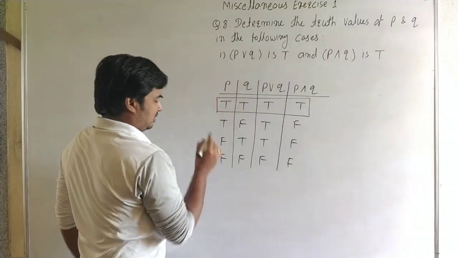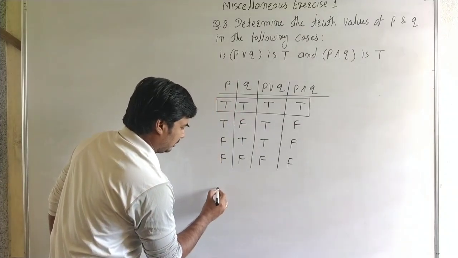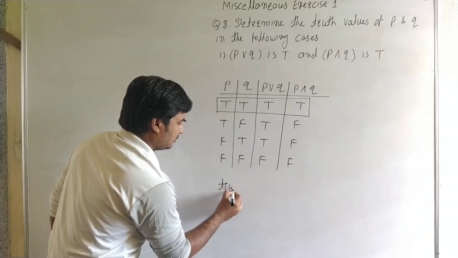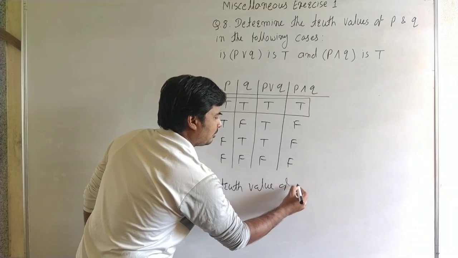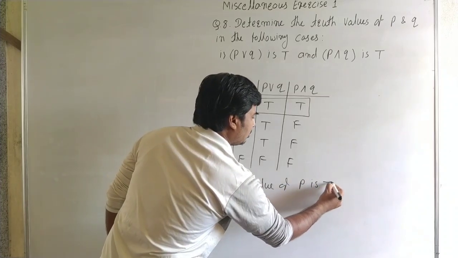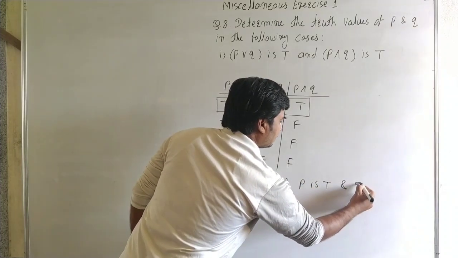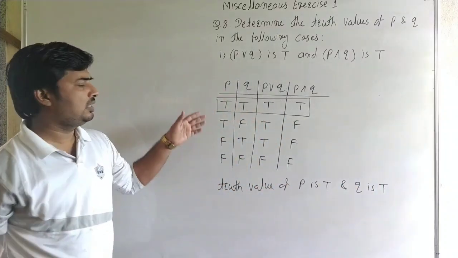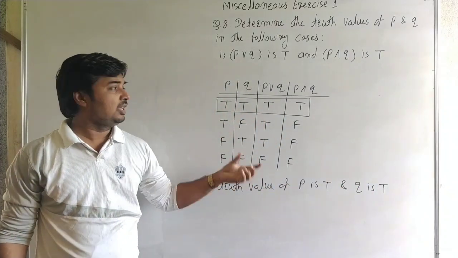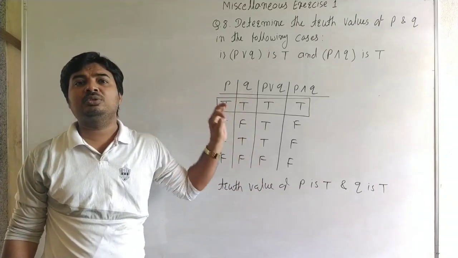The answer of the first question: the truth value of P is true and Q is true. Both are true. We can write directly or use this method with the truth table.